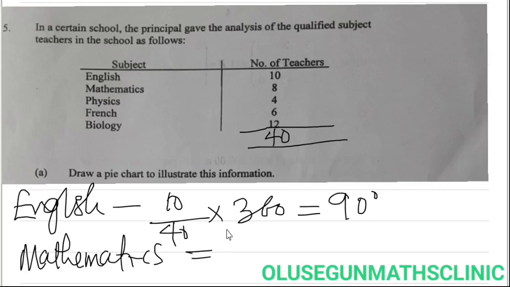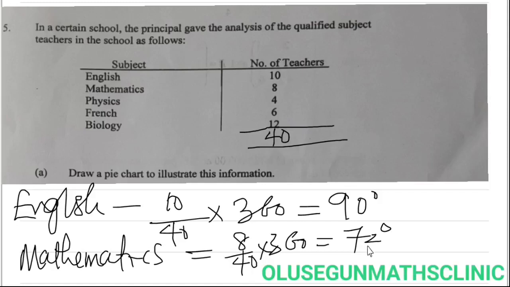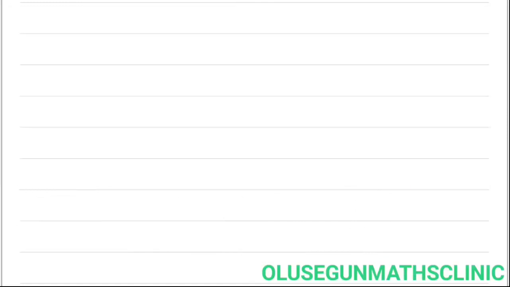And the mathematics, we have 8 over 40 times 360, which will give you 72. We have 72 degrees, by the time you divide. So therefore, let's also find for physics.